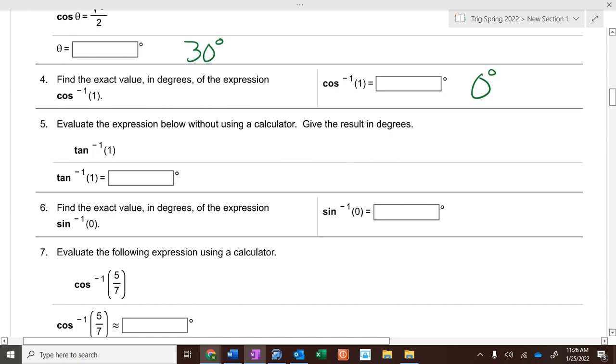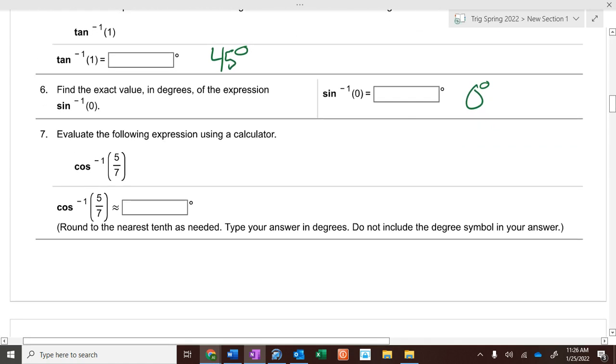Why would it be 45 degrees? Tangent is sine over cosine, which is y over x. Where are y and x the same thing? Because y and x are the same thing, it equals 1. It's at 45 degrees. Okay? Where's sine equal to 0 at? 0 degrees.